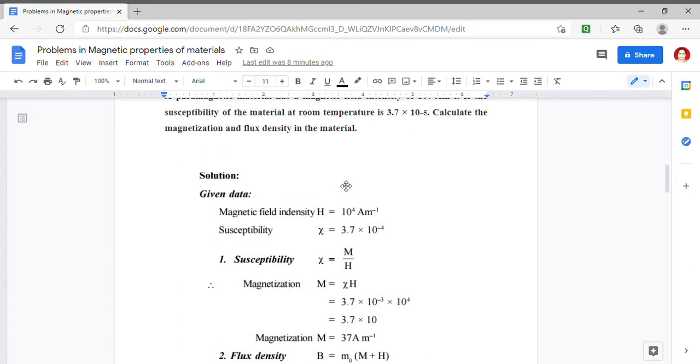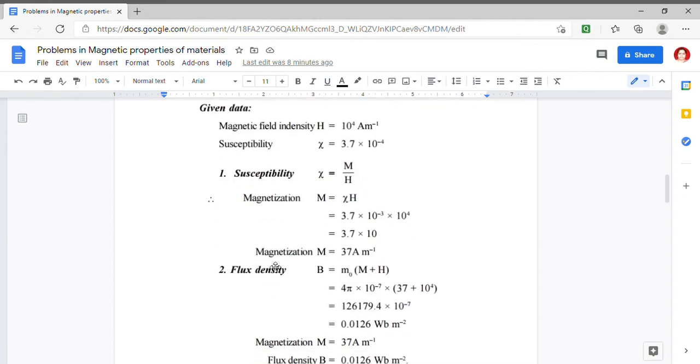The other parameter to be determined is the flux density. The flux density B is equal to mu 0 into (M plus H).